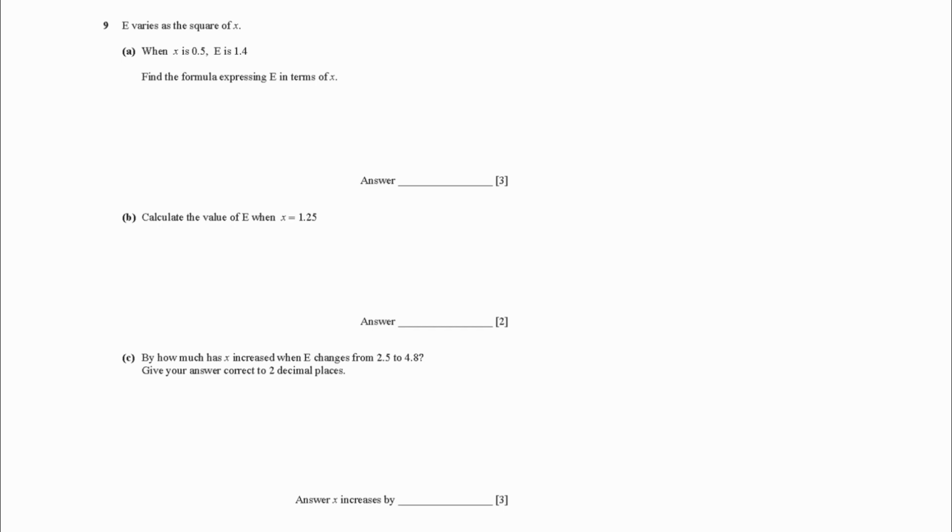So E is proportional to the square of x. What we want to write is E is proportional to x squared. And when we have this proportionality, we can convert it to a formula by adding a constant. I'm going to consider that constant as k, so E equals k times x squared.